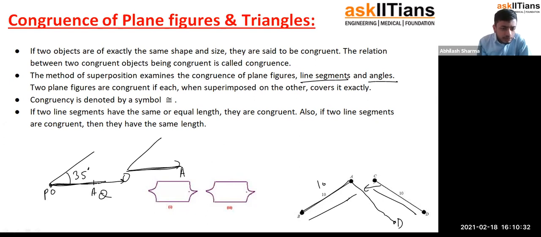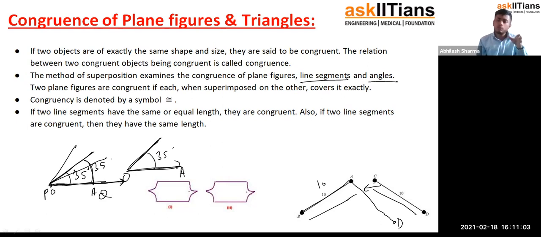So these two rays have coincided exactly. Then obviously, if we want the other arm of this angle to exactly coincide, then this angle also must be 35 degrees only, right? If it is even a little bit less or more, then it will not coincide exactly, and hence two angles will be congruent if and only if their measurements are equal, right?